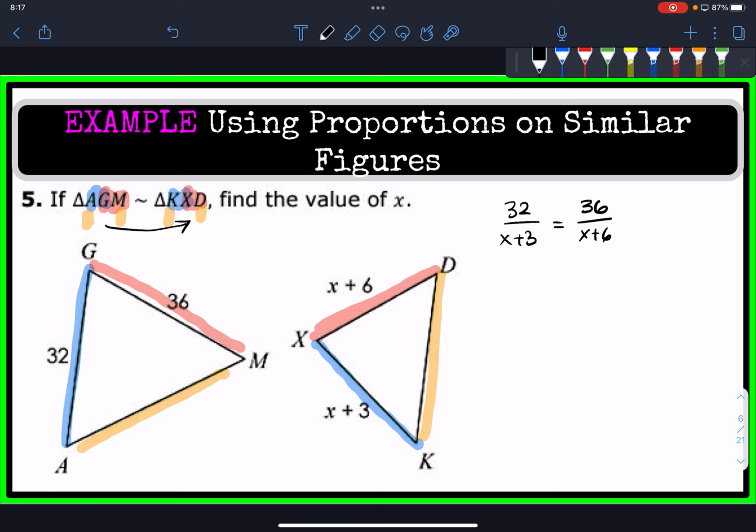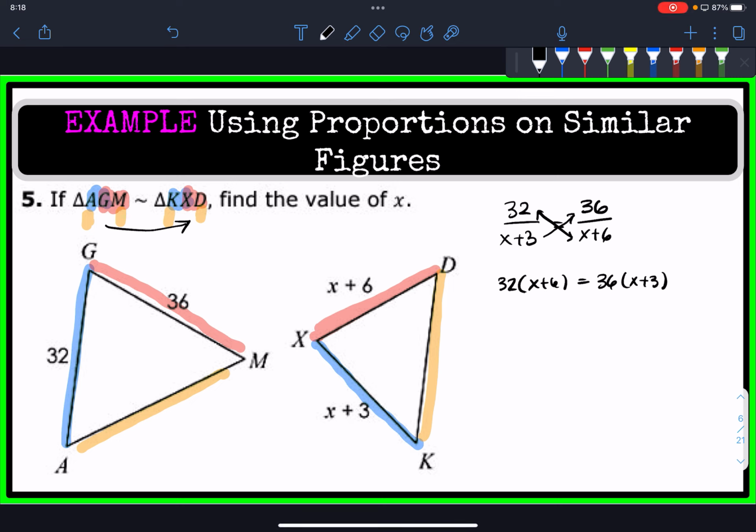Now cross multiplying. Here, cross multiplying is going to multiply not numbers but algebraic expressions. So I will multiply 32 with x plus 6, and that's going to equal multiplying 36 with x plus 3.